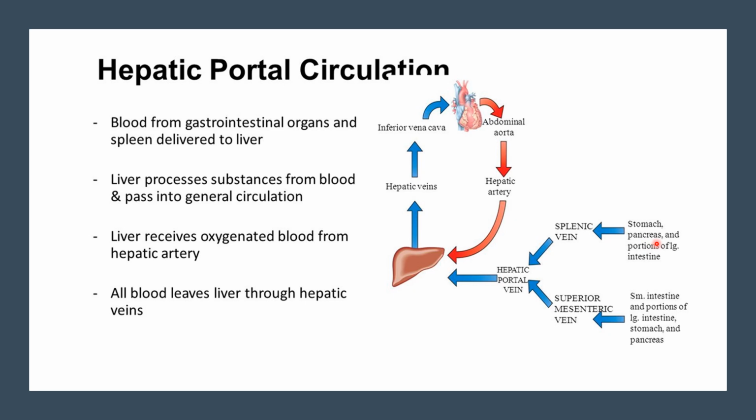So the blood coming from the digestive tract, particularly the stomach and the large intestine, will be transported through our portal system towards the liver, and the liver will then process it, and it will go to the systemic circulation via the hepatic veins, to the heart, to the lungs, and to the systemic circulation, and going back to the liver.